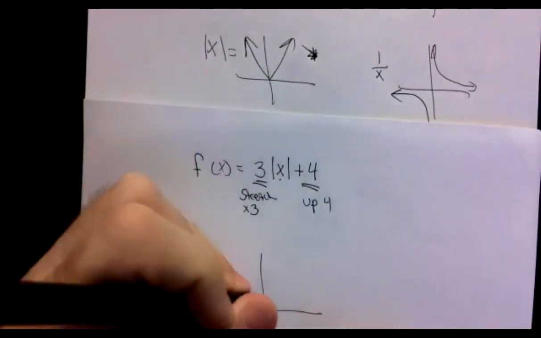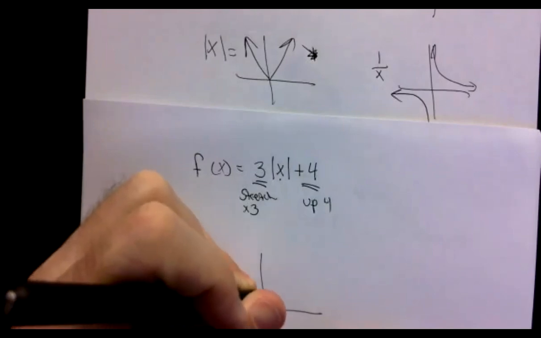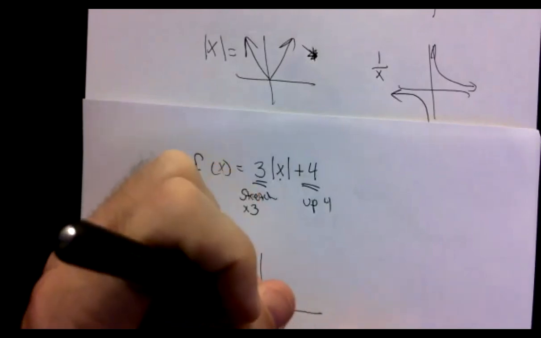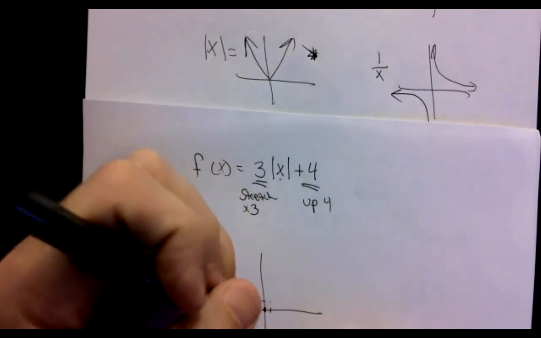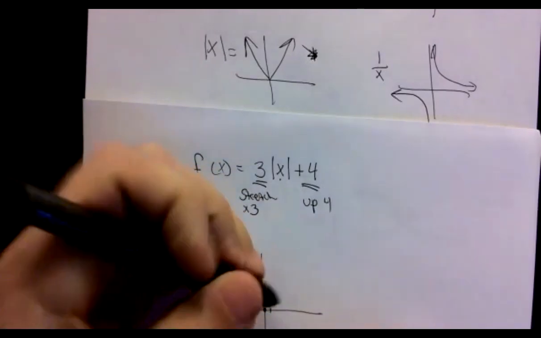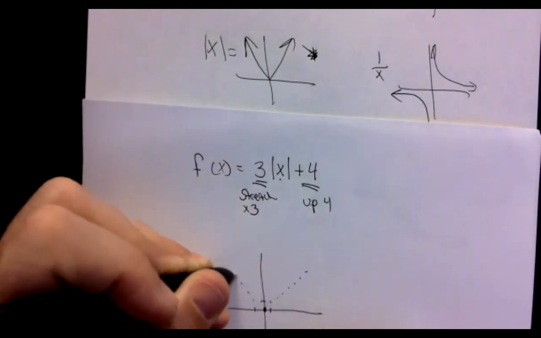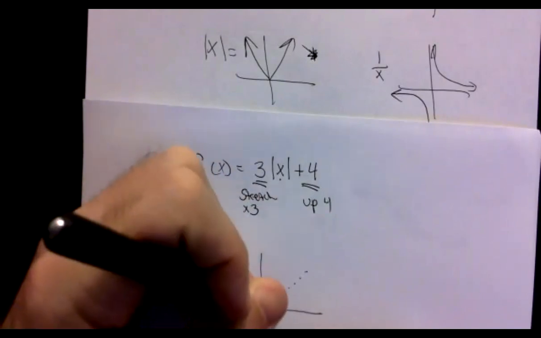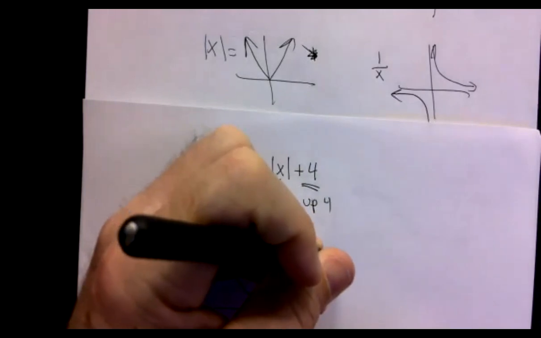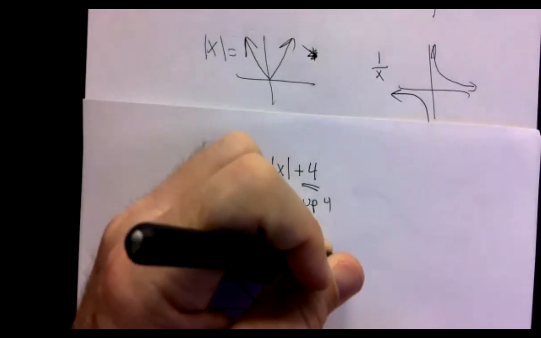I didn't do a good job of graphing that, but it's typically going over 1 and up 1. So that would be your original absolute value.